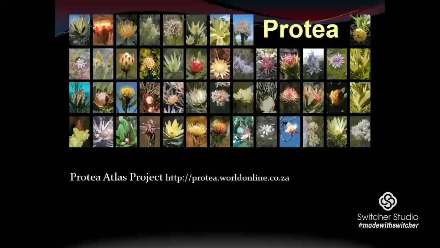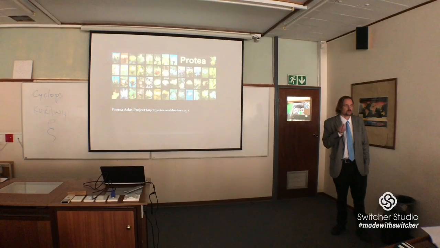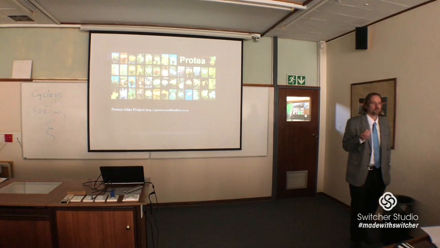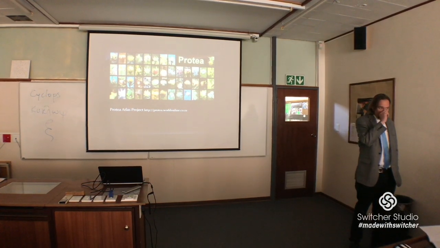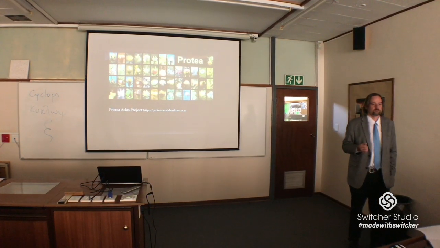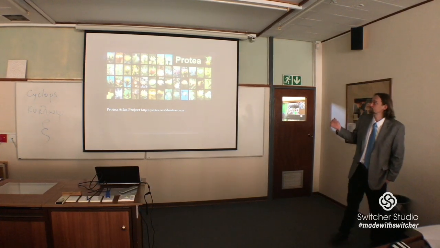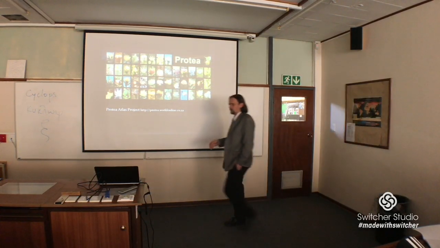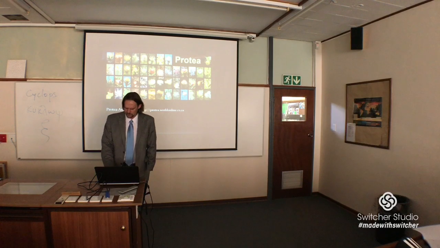What struck him is the incredible variety in this one genus. They're all the same, but you have this huge variety. So he named them after this mythological creature, Proteus, the river god, who could change his shape. And he made it feminine, Protea, because they look like trees.